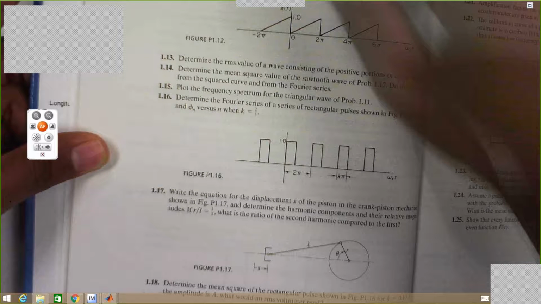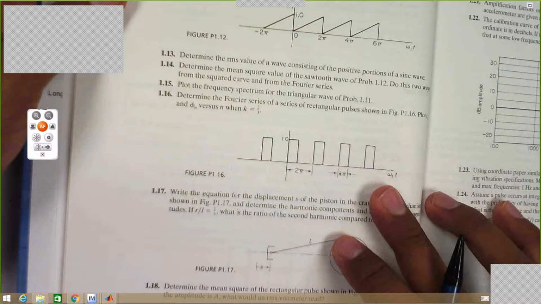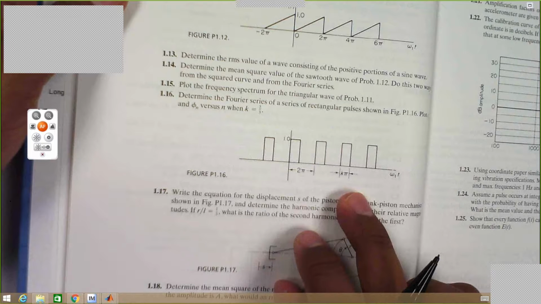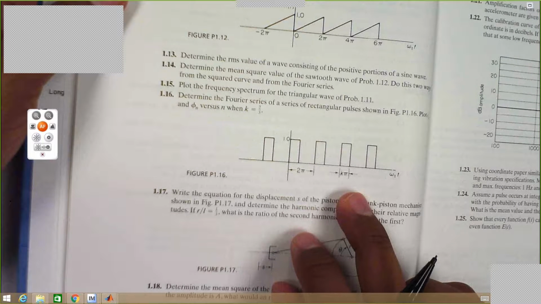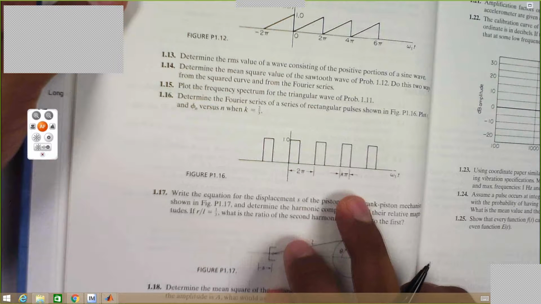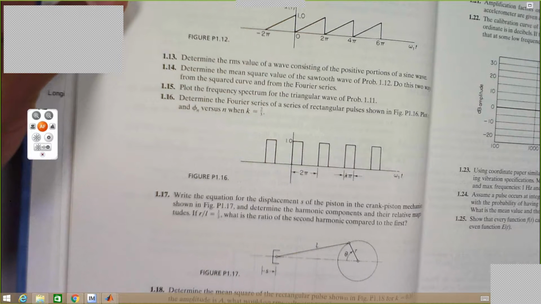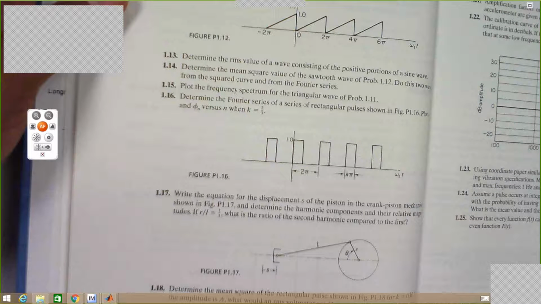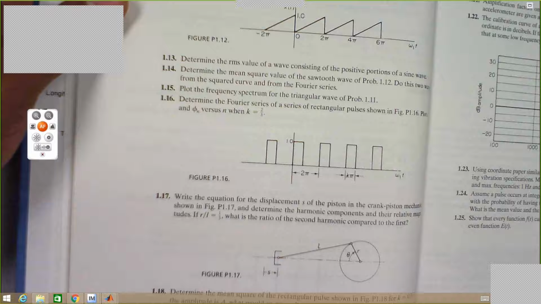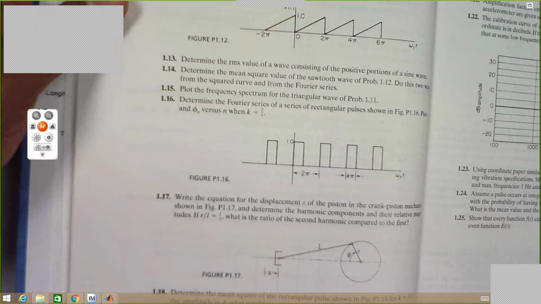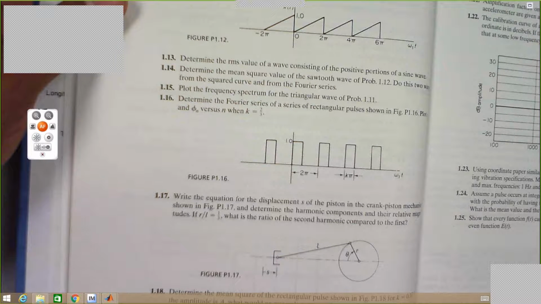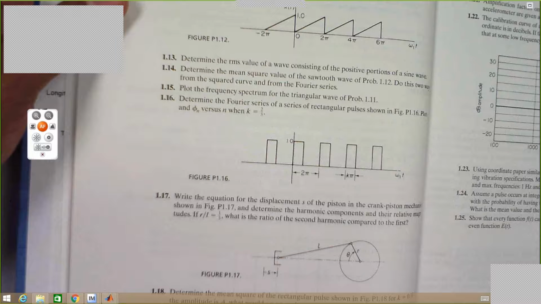We are given a signal which looks like this, and we want to calculate its Fourier series, or its Fourier coefficients, so that we can use them to calculate its velocity and acceleration. In this case, we can actually do that without constructing a Fourier series, but for more complex signals that will be required. So this example is a precursor to show you how the Fourier series application is brought into the picture.